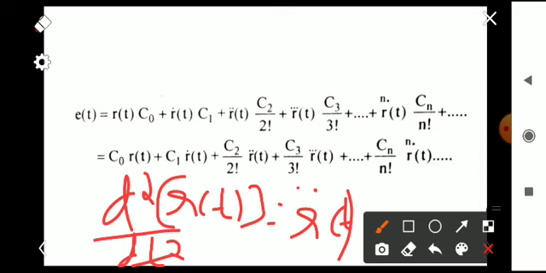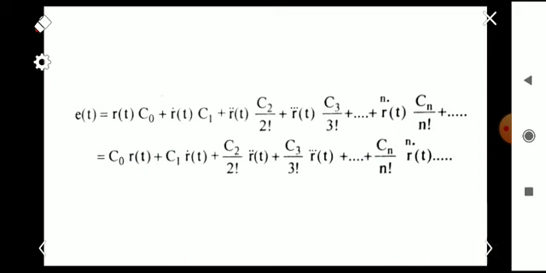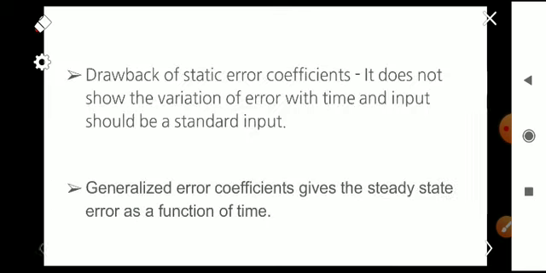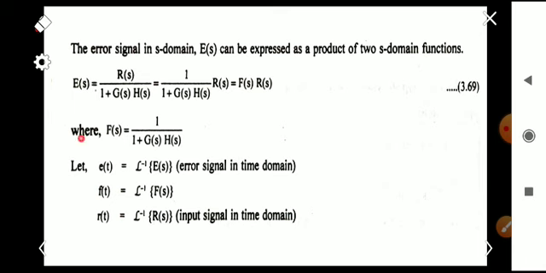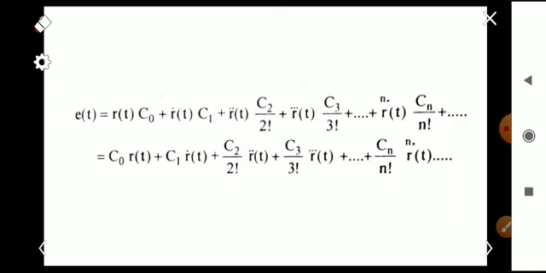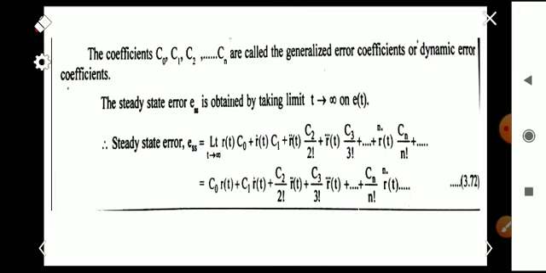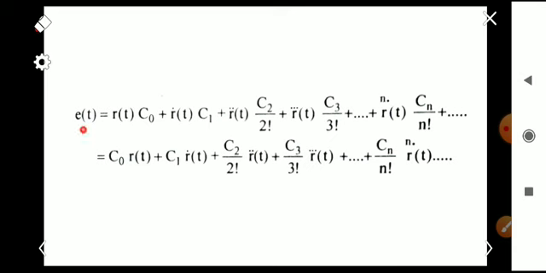So this is the actual representation: C0 into r of t plus C1 into r dot of t, etc. The constants C0, C1 and C2 mainly depend upon the function F of S. These constants are the generalized error coefficients, and this is the representation of the error in the time domain.